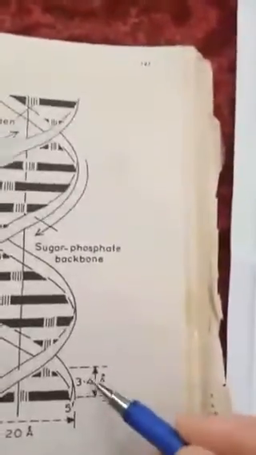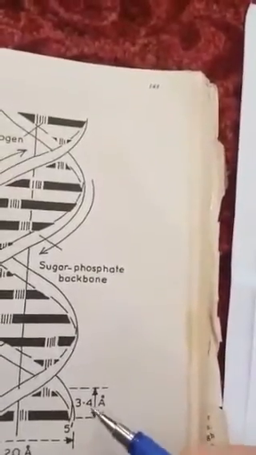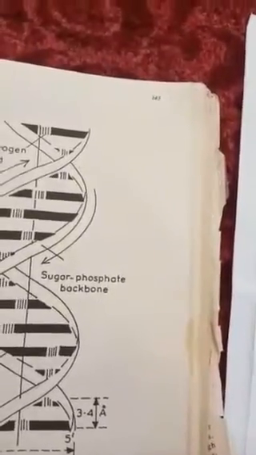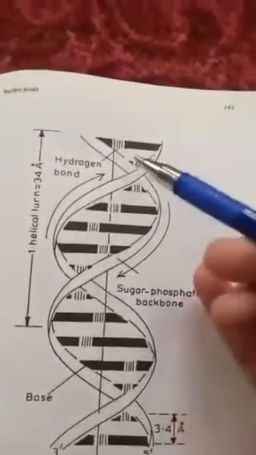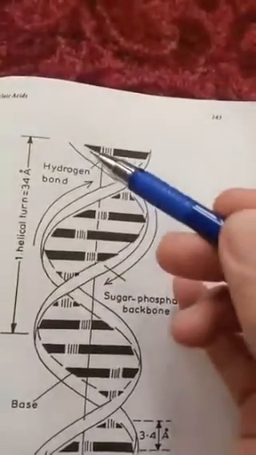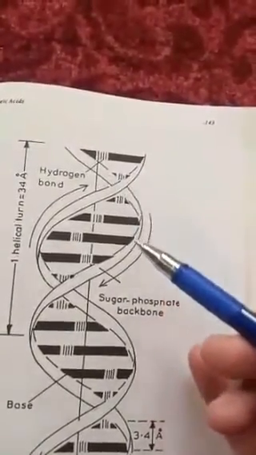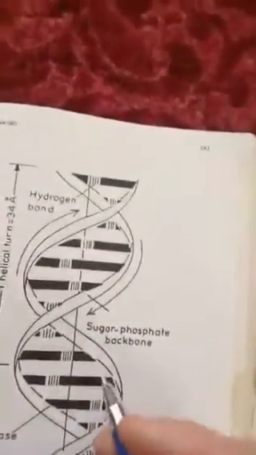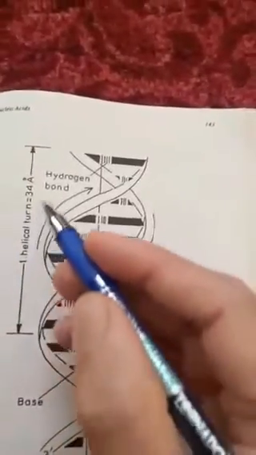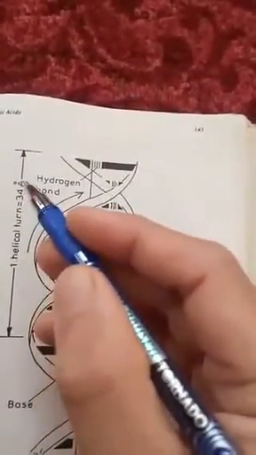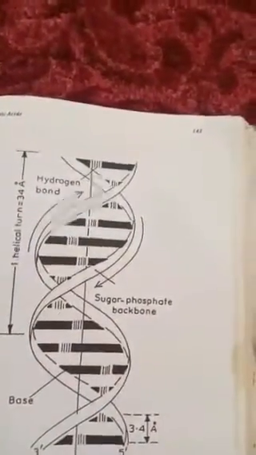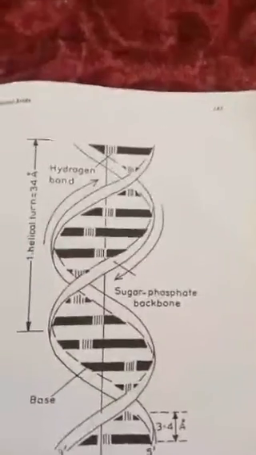The distance between two successive base pairs is about 3.4 angstrom, and one complete turn of helix has a pitch of about 34 angstrom.